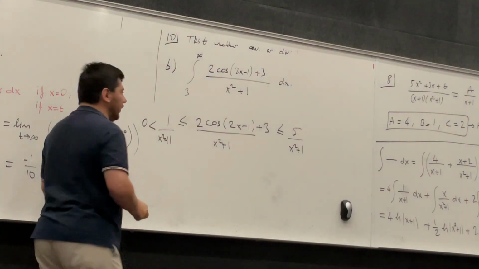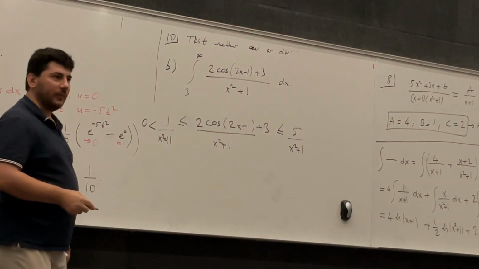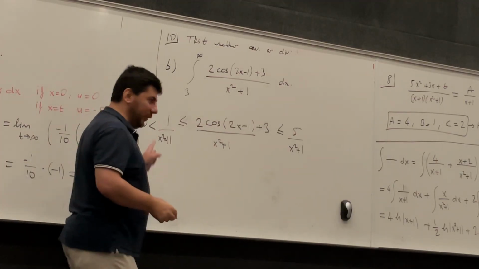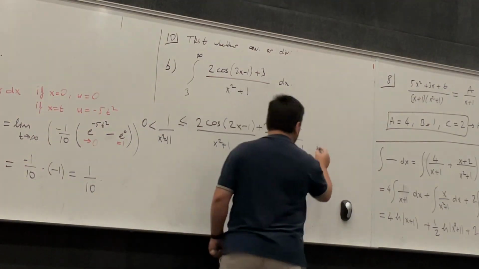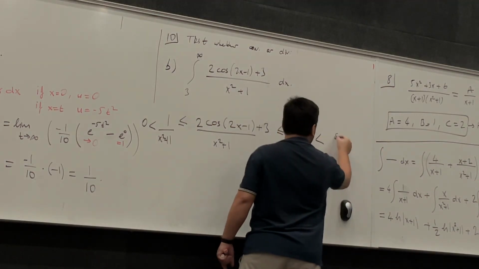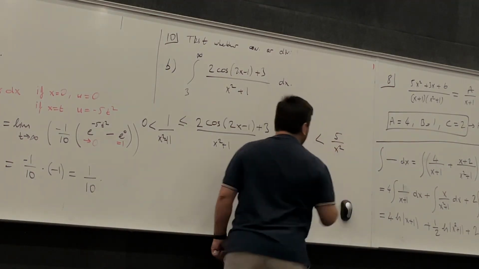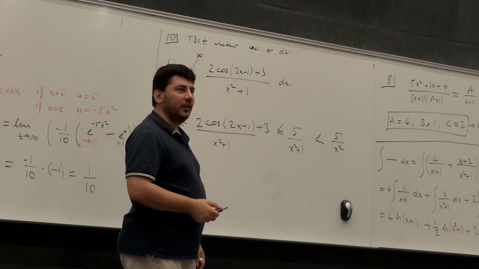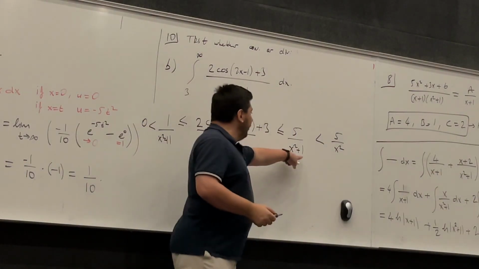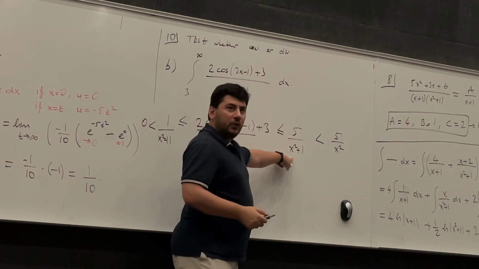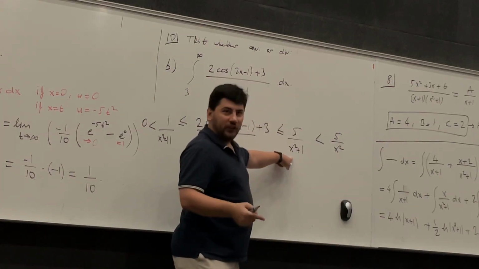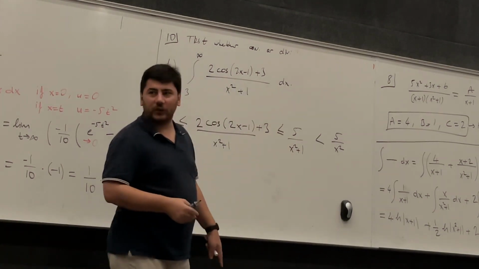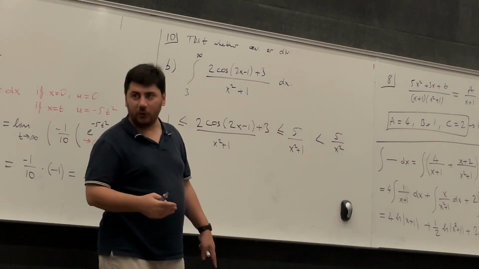What I'm going to do here is that this is bigger than 0, right? X is a real number, therefore this is going to be bigger than 0. How about this one? Is this less than 5 over x squared? It is, right? If I am to use these bounds, then I need to use the arctangent, and then let the limit of arctangent go to infinity and figure that out. It's a bit longer.